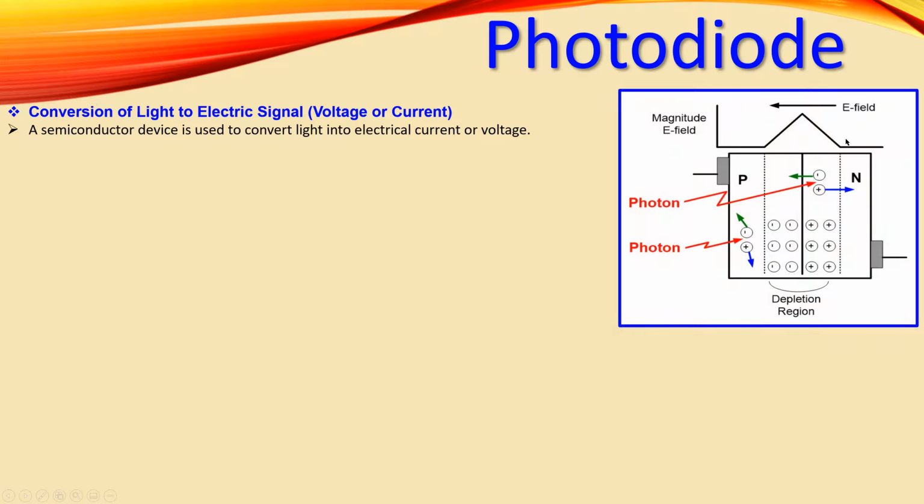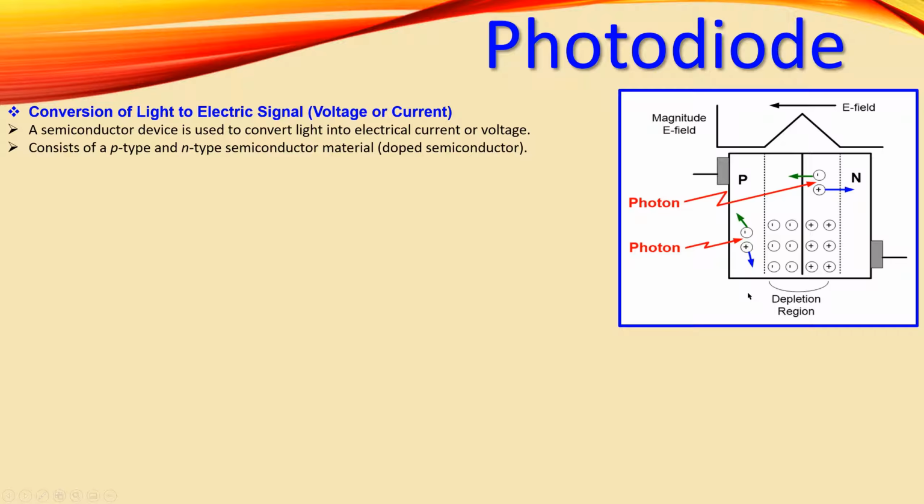Now this is a diagram or a picture of an electric field and also the junction, the P and the N junctions of the photodiode. You can see in between the depletion region, which is formed by placing the P and the N type together. And you can also see the generation of the photons and also here the electron and the holes parts.